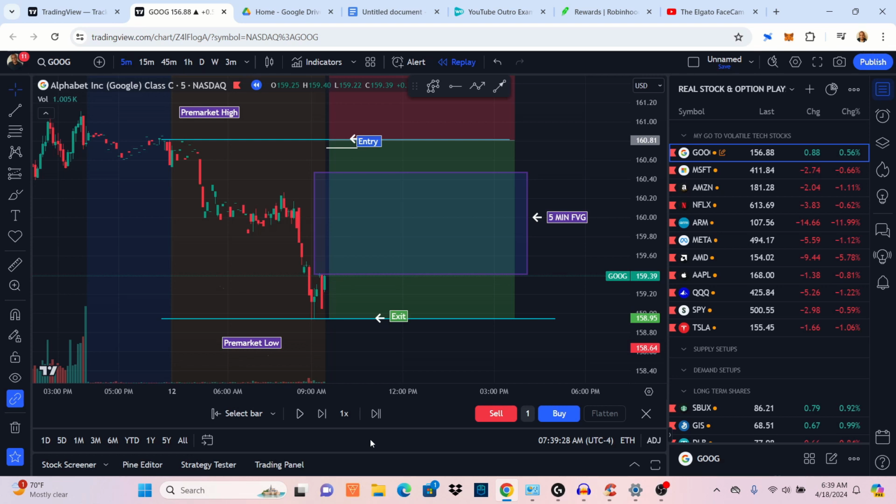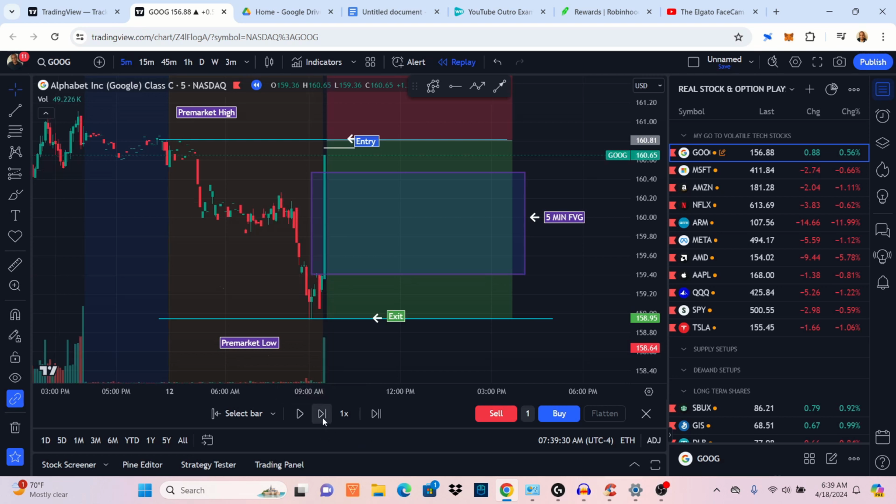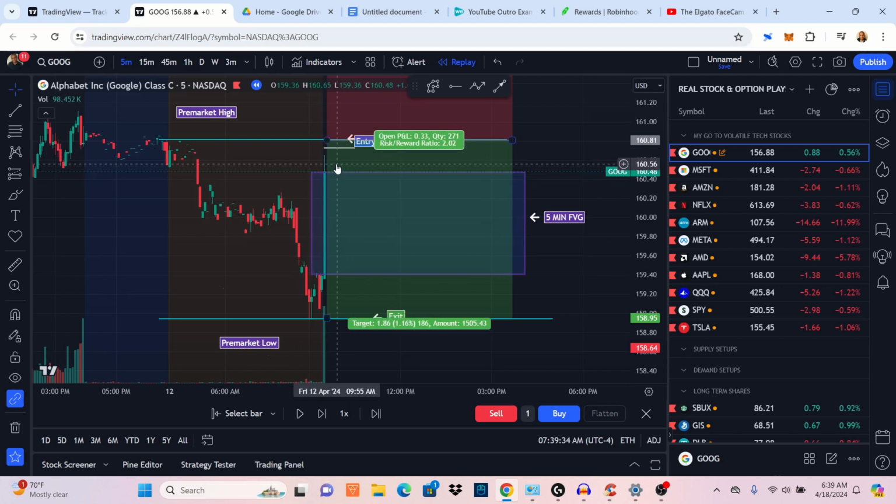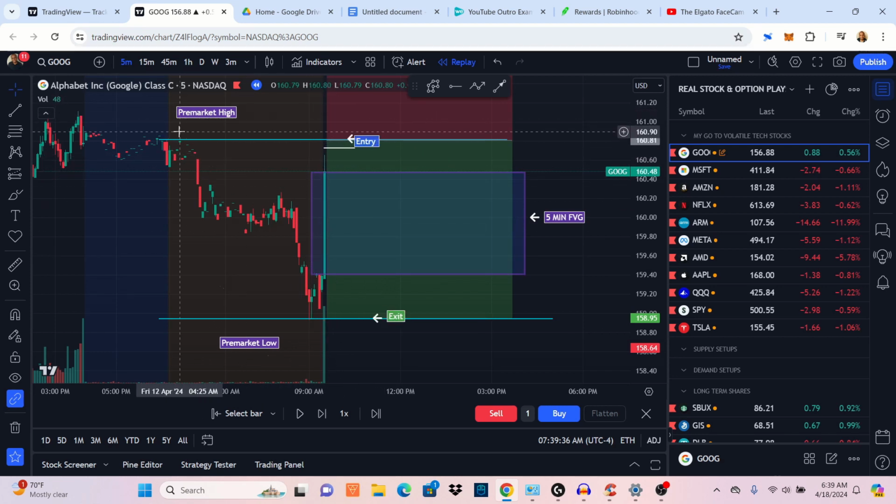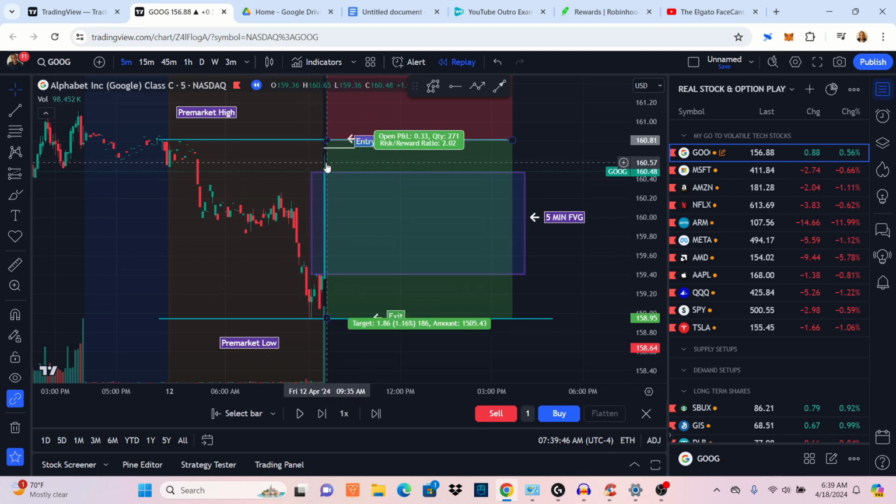Boom. When a person sees this big candle, the shorts over here get scared, because this is a very big candle. The way you can tell is there's a lot of buying pressure and no selling pressure to balance this out.